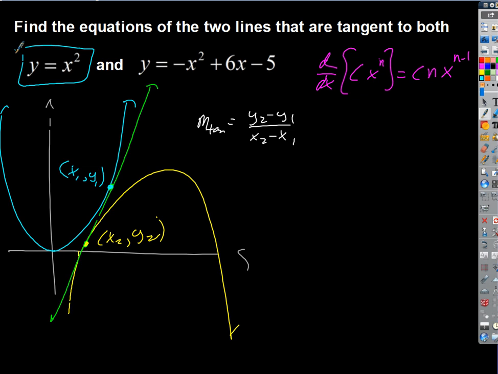If y equals x squared, right, then we'll just call it y prime. The derivative of the blue function is what? 2x. Okay, right? So we could use that. We could say at the x value, x sub 1, another way of writing that would be y prime.